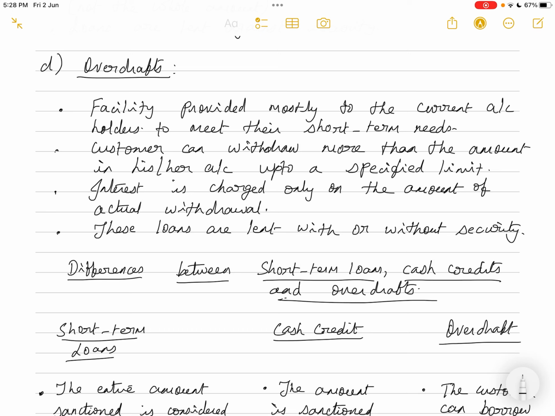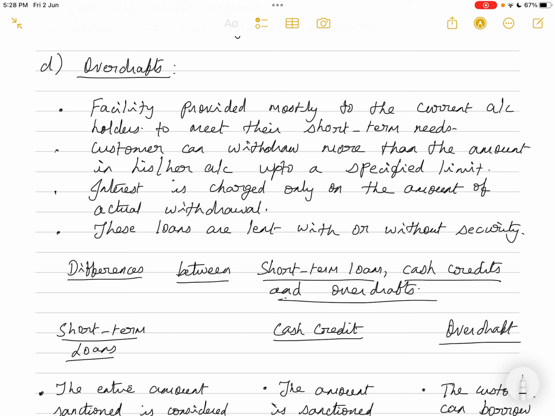If current account holders face a temporary shortage of funds, to tide over that situation the bank allows this facility mainly to current account holders. So the customer can withdraw more than the amount in his or her account, up to a specified limit. That is overdraft: overdrawing more than the balance available in the customer's account.